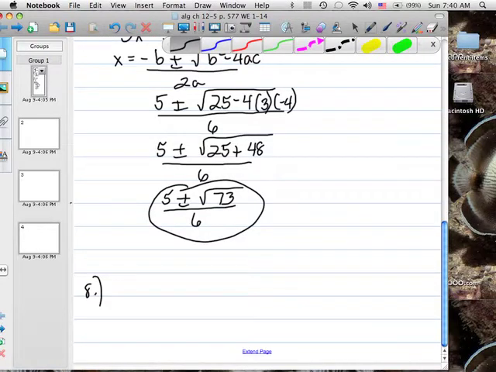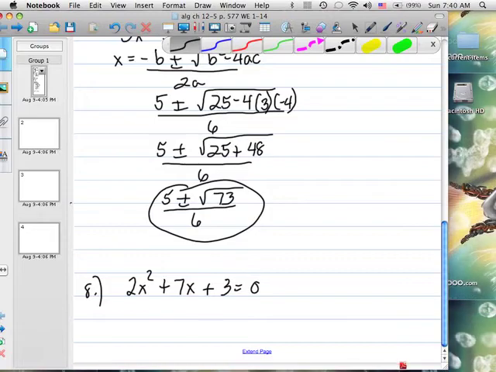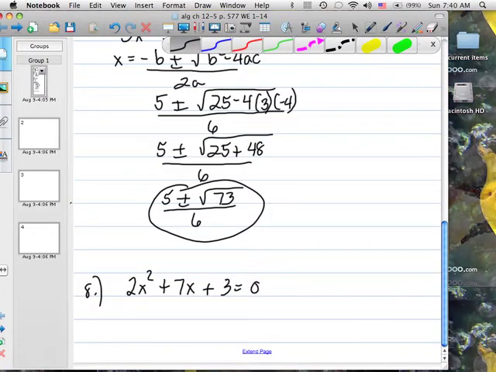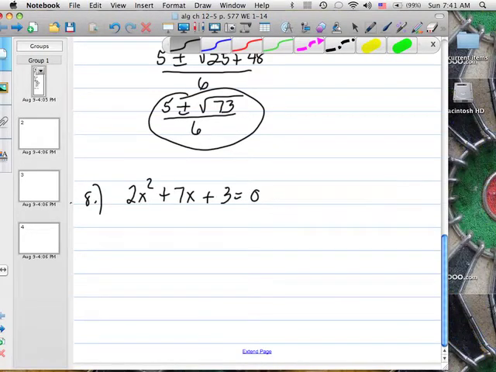Problem number 8, we have 2x squared plus 7x plus 3 equals 0. We could factor, although I think the quadratic equation is just as easy.